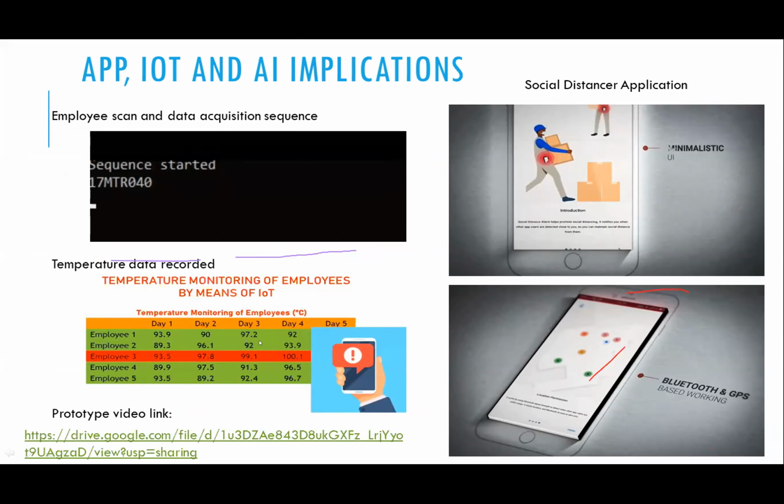Because what happens is, on a daily basis people are taking temperature, but it is not recorded anywhere. But it has to be recorded. So this is the next step we have taken, from our customer requirement. Again, we developed an app.